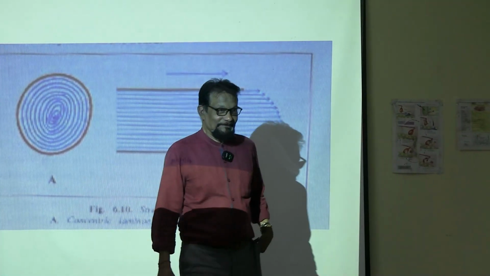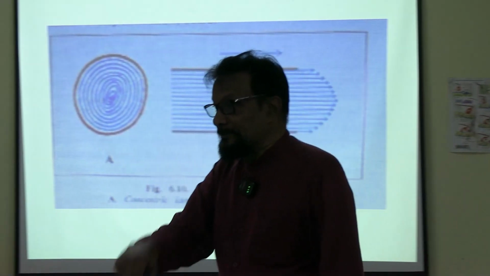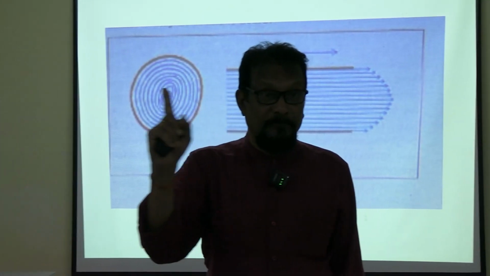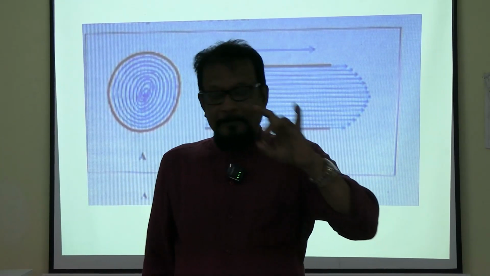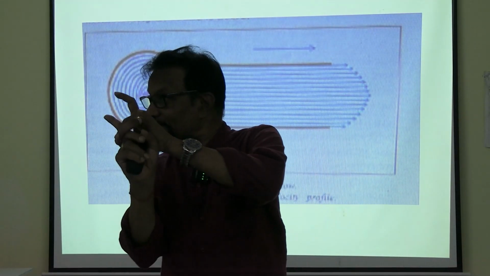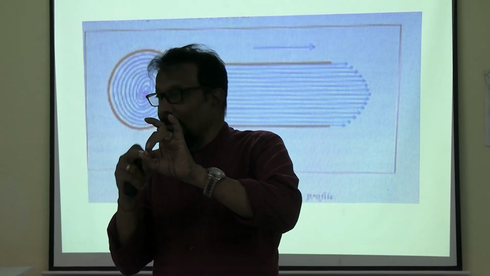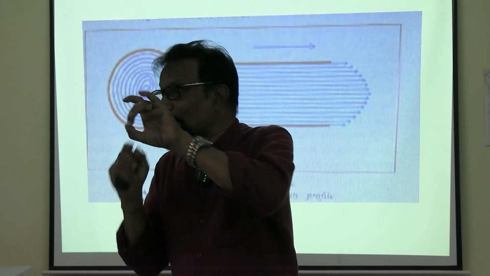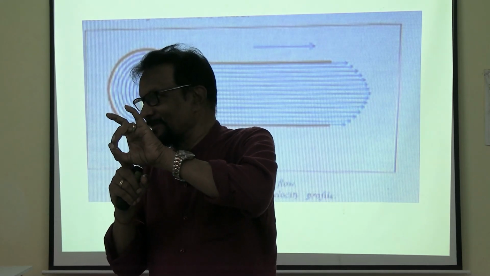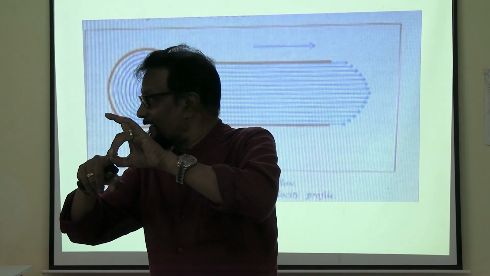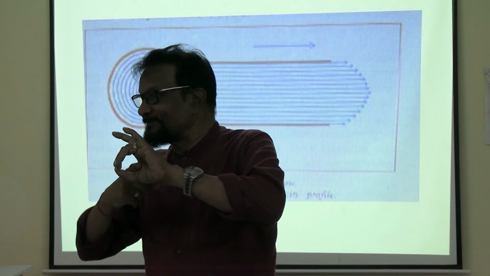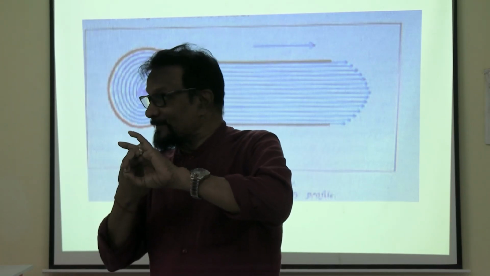Why? One is resistance. Another thing is there, one other very important thing. Remember this. Important point for you. Blood is passing, and at the center the blood cells are concentrated, and at the periphery, only plasma will be there.